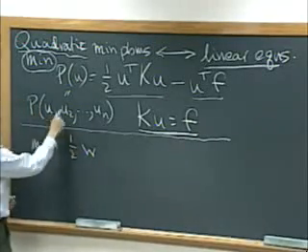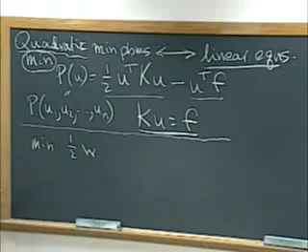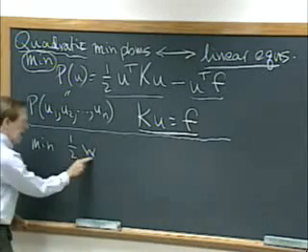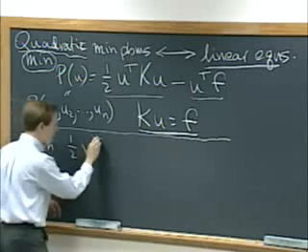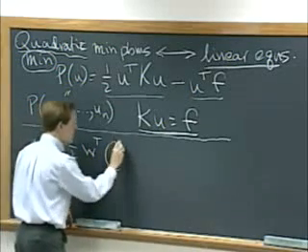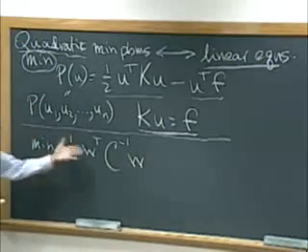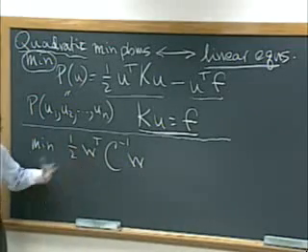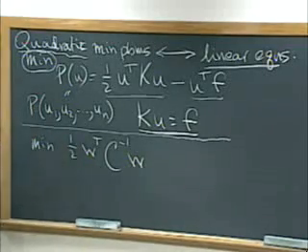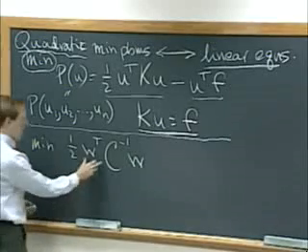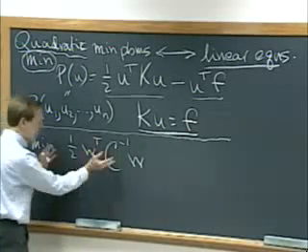This would be like the potentials in a network problem, and this would be like the currents. So you'll see a W transpose C inverse W. That's the energy, the heat generated by those resistors, or the potential energy in the springs.